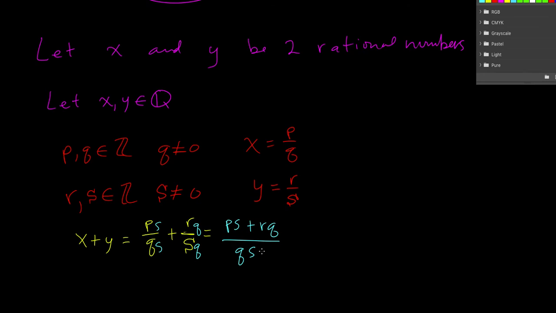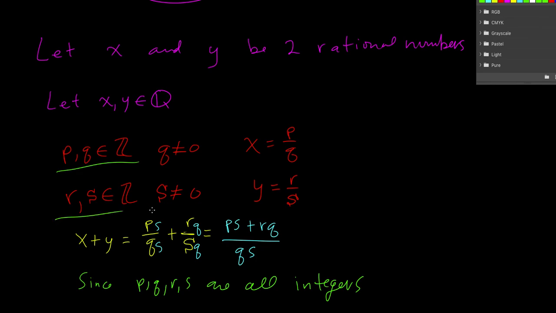Okay. Now we know that p, q, r, and s are all integers, because they were defined as integers right here.